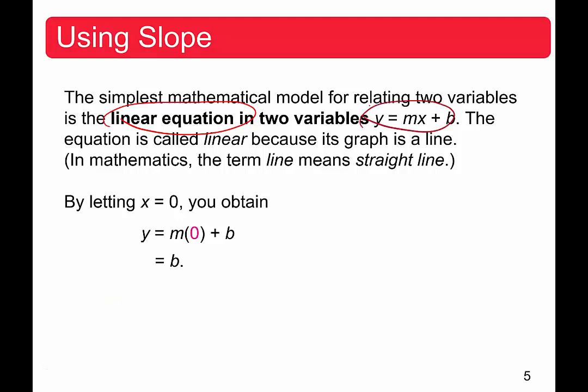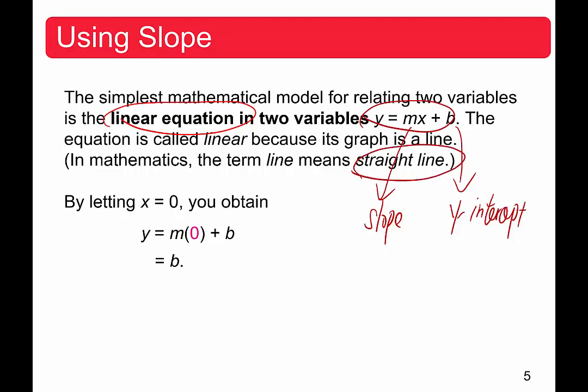In this given model, we are given a slope m, and we're given a y-intercept b. And the graph of this particular linear equation in two variables is a straight line.